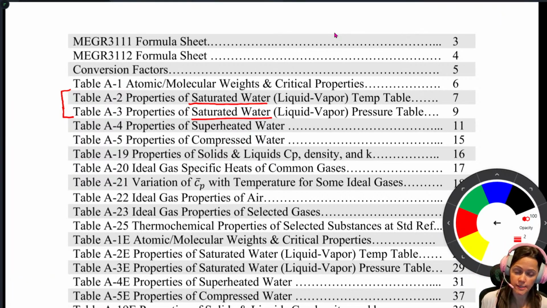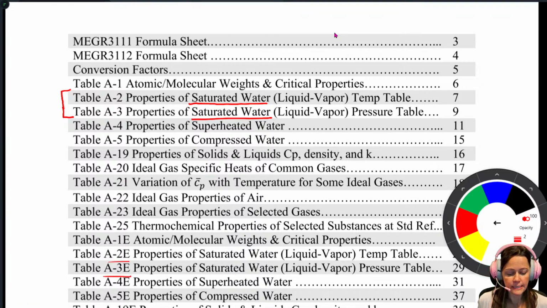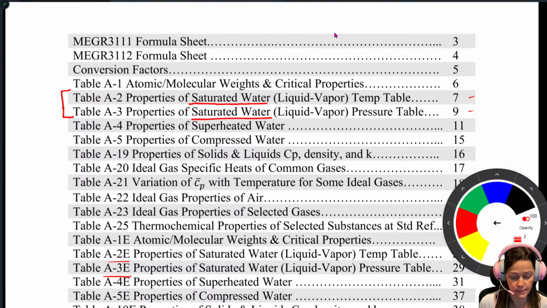It's the same information that you can find in table A2 and A3. There's also, by the way, an A2E and an A3E as well. But it's the same information in each of these tables, just organized a little bit differently. So let's go look at it. These are properties if you're under the dome or on the dome.